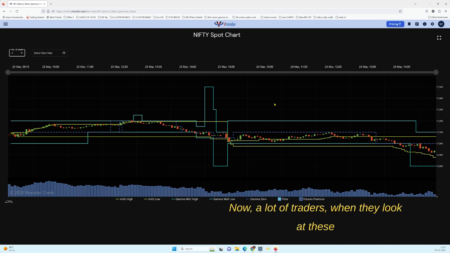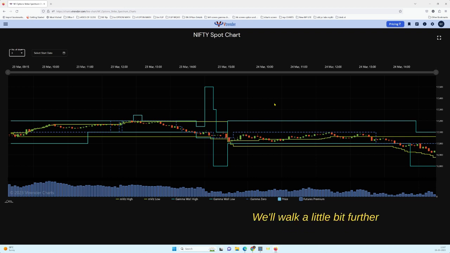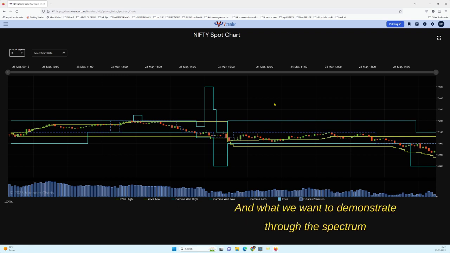Now, a lot of traders, when they look at these lines, have this mindset that lines are meant to be support and lines are meant to be resistance. We'll walk a little bit further away from that line of thought. What we want to demonstrate through the spectrum is where current positions are built in the market.